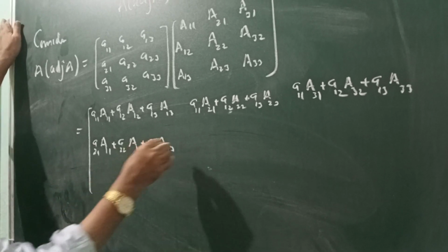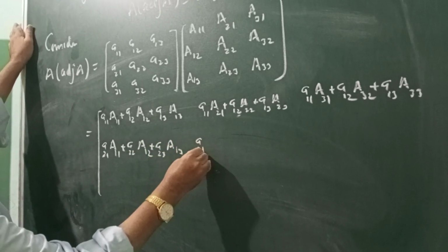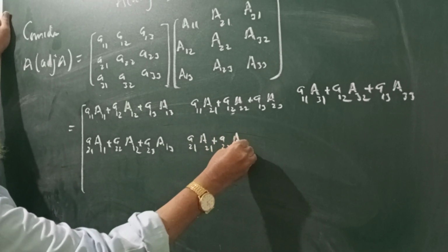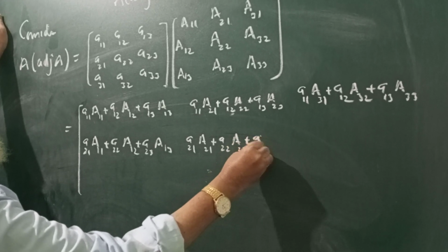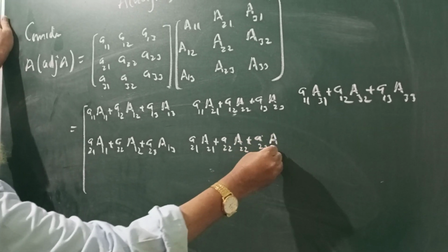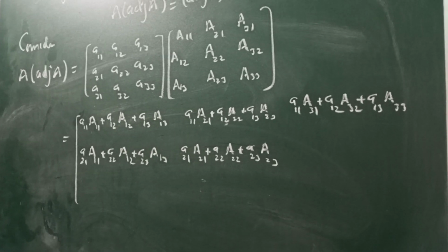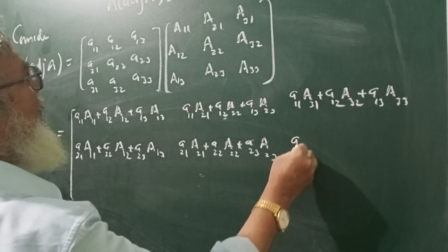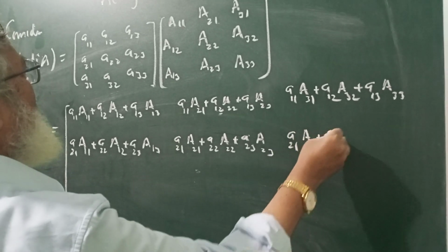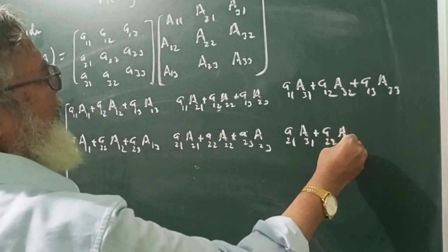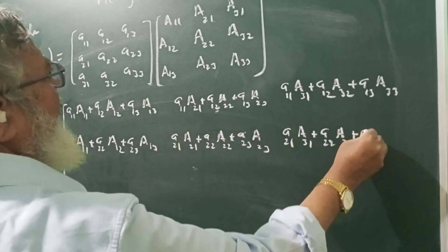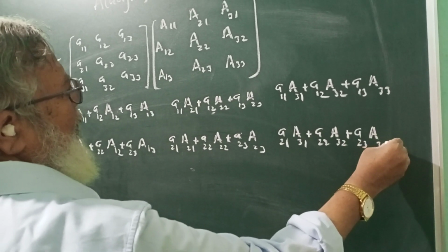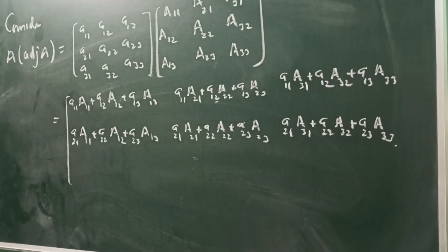Then second row, second column: A21, A21, plus A22, A22, plus A23, A23. Now second row, third column: A21, A31, plus A22, A32, plus A23, A33. Second row with all columns is over.